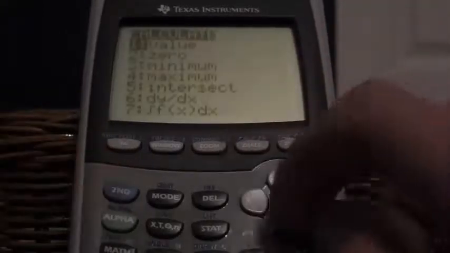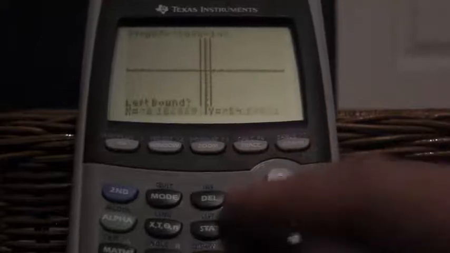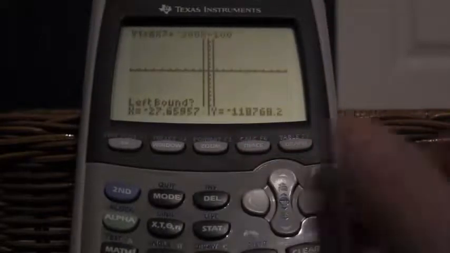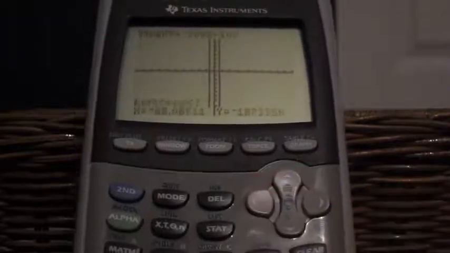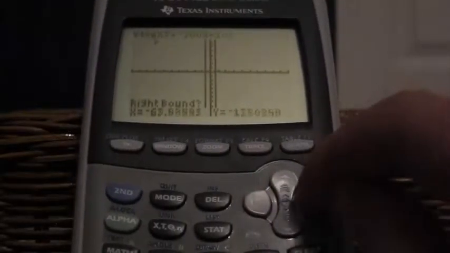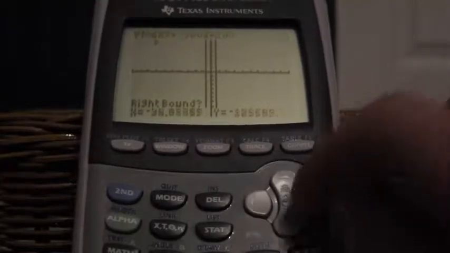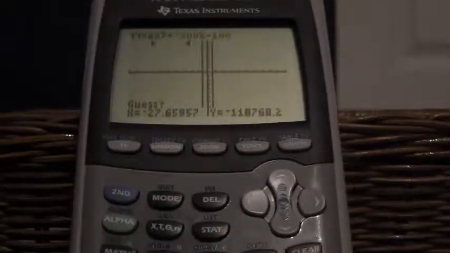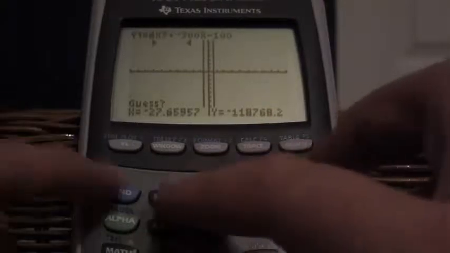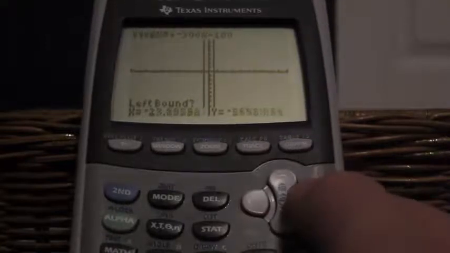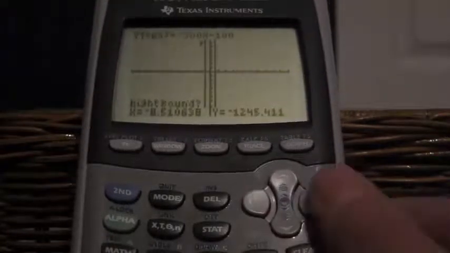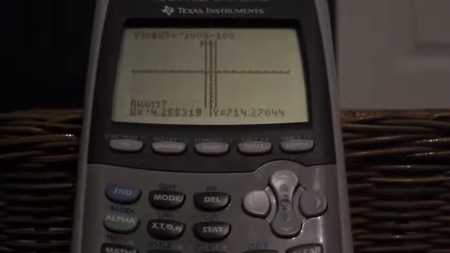So, second calc, you know the drill. Far left, enter, far right, nope, second quit, graph again, second calc, 0, any guess?